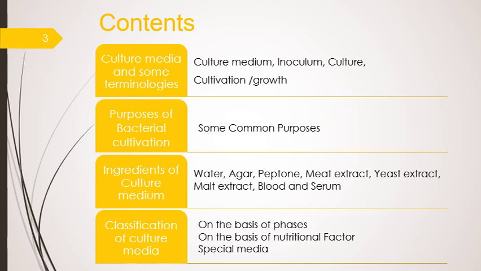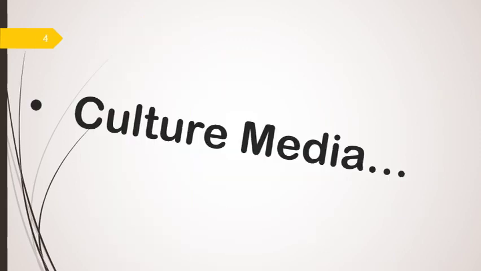We have different types of classifications of culture media, and we classify culture media on the basis of phases, on the basis of their nutritional factor, and on the basis of some specialities, and those specialities refer to the culture media as special media. So before we start this topic, that is culture media, we should know about some terminologies that we use in the preparation of culture media.